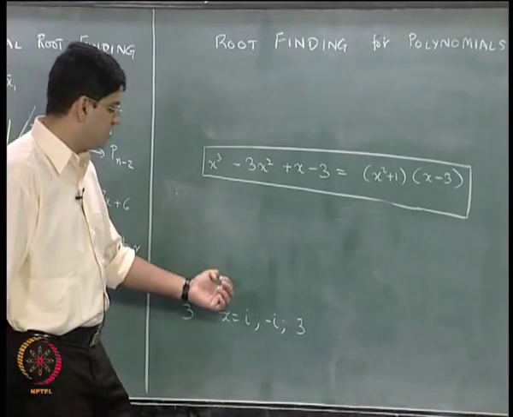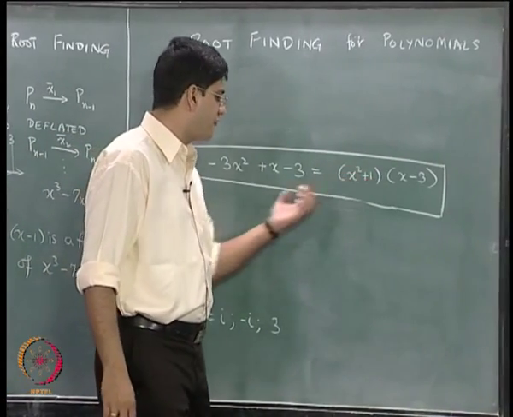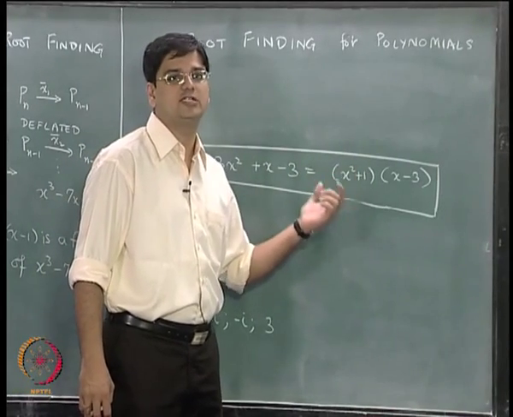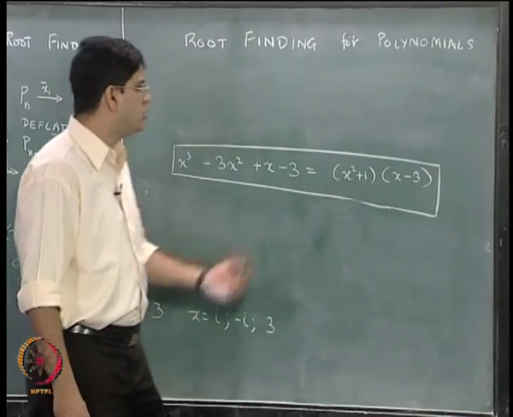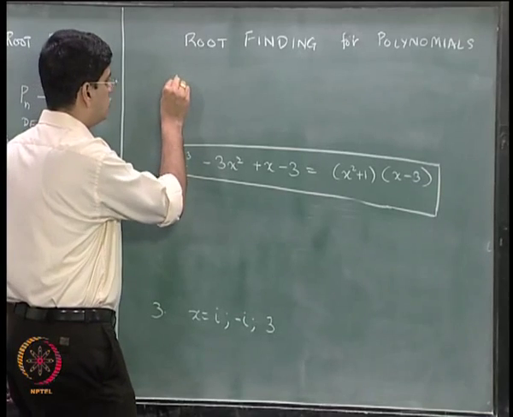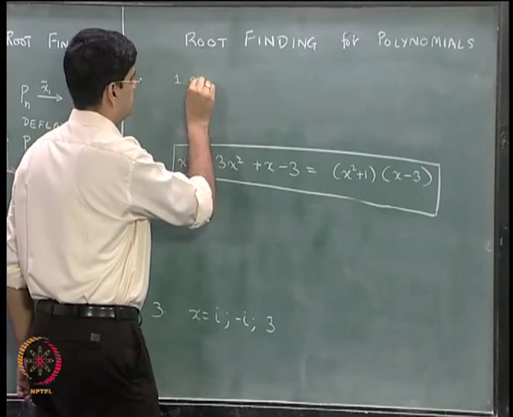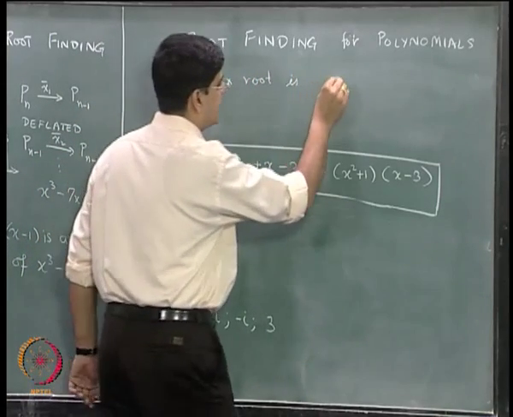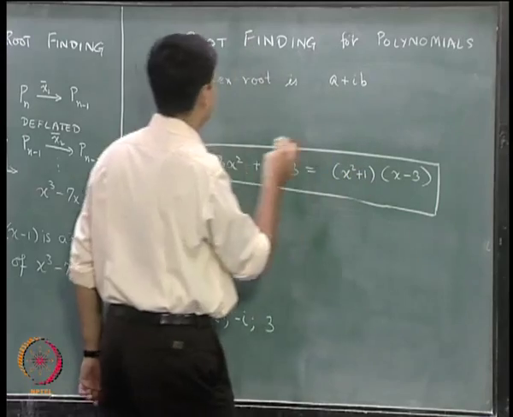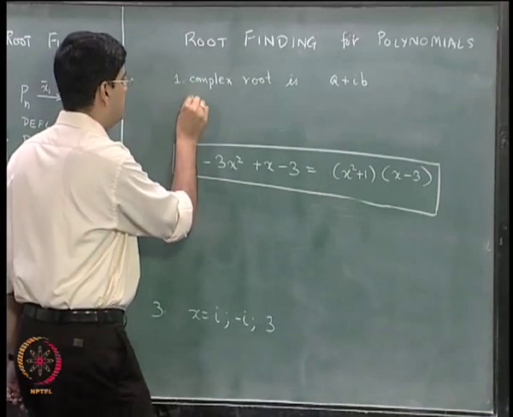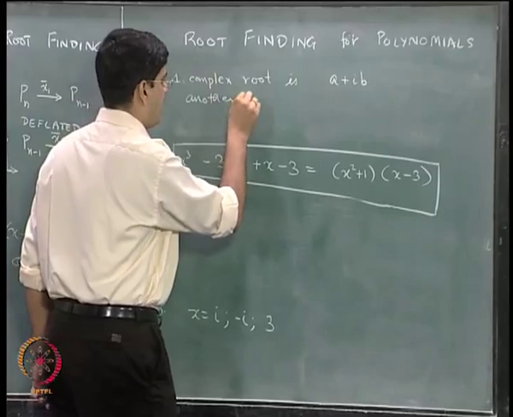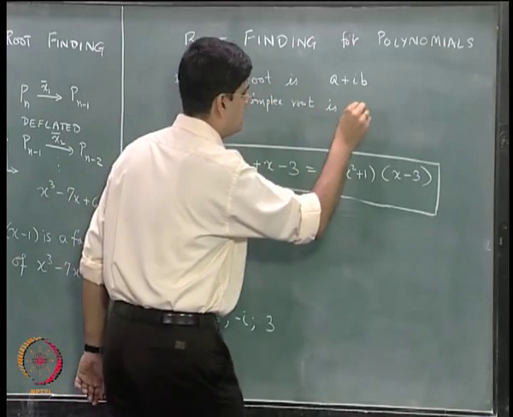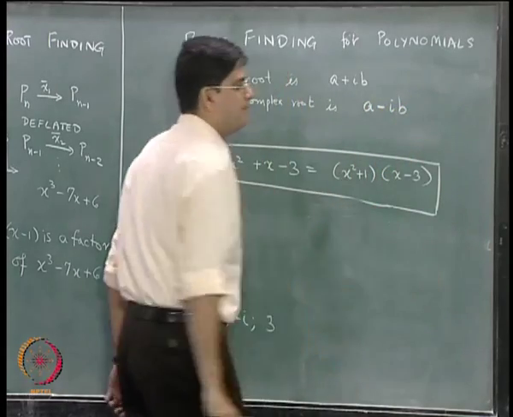For real coefficients, we know that complex roots always come in complex conjugate pairs. So if one complex root is a plus ib, then we are sure to have another complex root a minus ib.